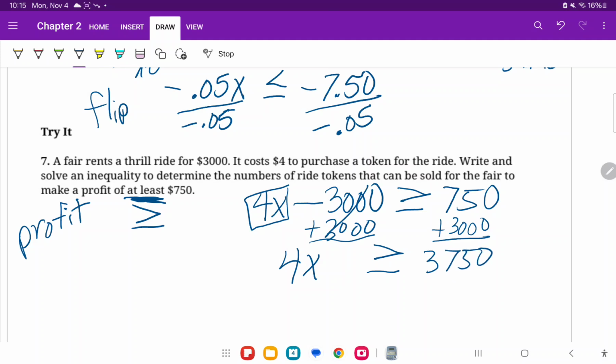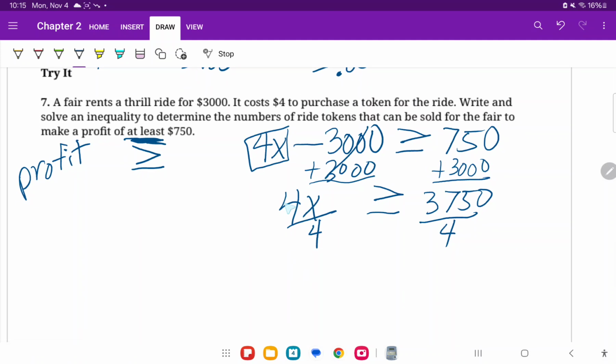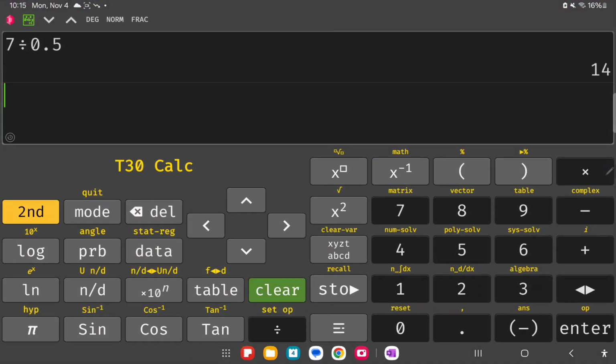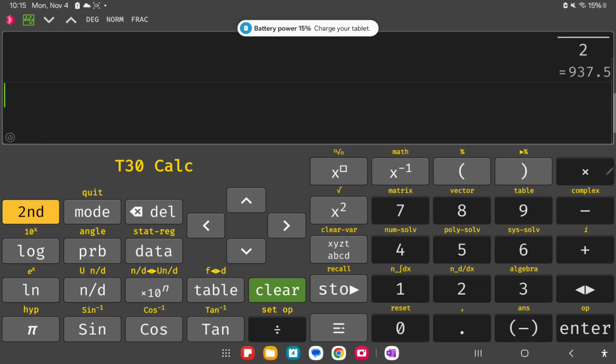So now we will divide by 4. Okay? And so that's going to cancel. And so x, which represents our tickets, is going to be greater than or equal to 3,750 divided by 4.